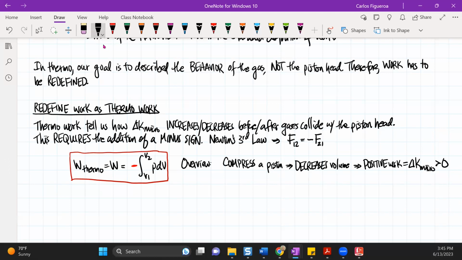On the other hand, if you expand a piston, then you increase volume. But the only way a volume can increase is if there are collisions by the gas particles. In other words, the gas particles lose kinetic energy, and that turns into the work on the piston, which gives you a decrease in kinetic energy.